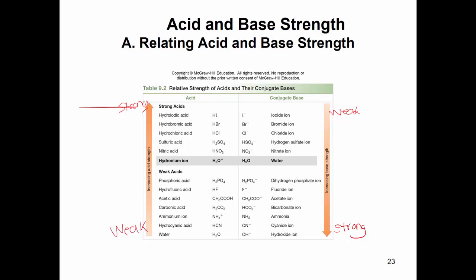Okay, so I encourage you to look at these closely. I'm not going to talk through every single one of these, but it has these in order from strongest acid to weakest acid.